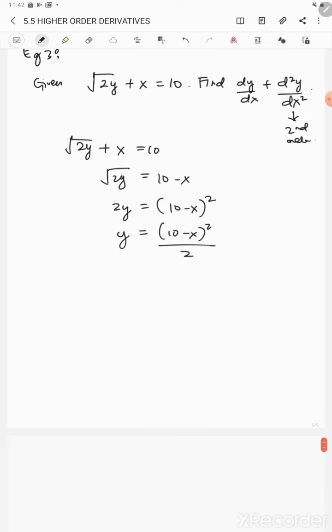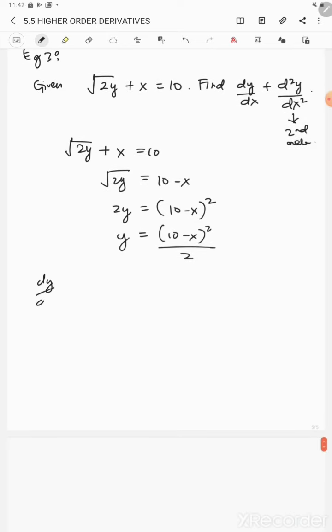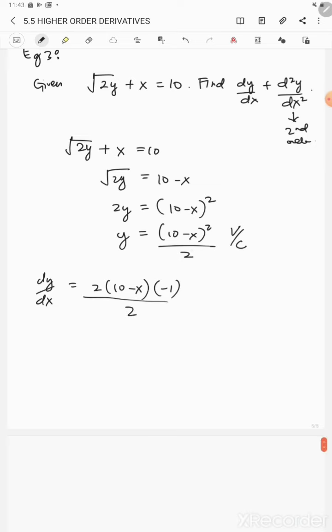To find this, you have to find dy dx first. So differentiate this: we now have the chain rule. You don't have to use the quotient rule here because we have v over a constant, so you apply the chain rule. Bring 2 to the front of the bracket, power minus 1, and differentiate inside the bracket: we get negative 1 because we differentiate negative x, and then divide by 2. 2 is a constant, just leave it there.